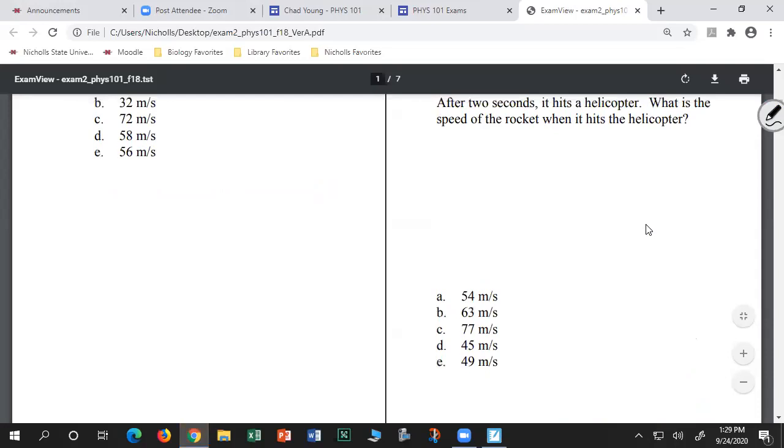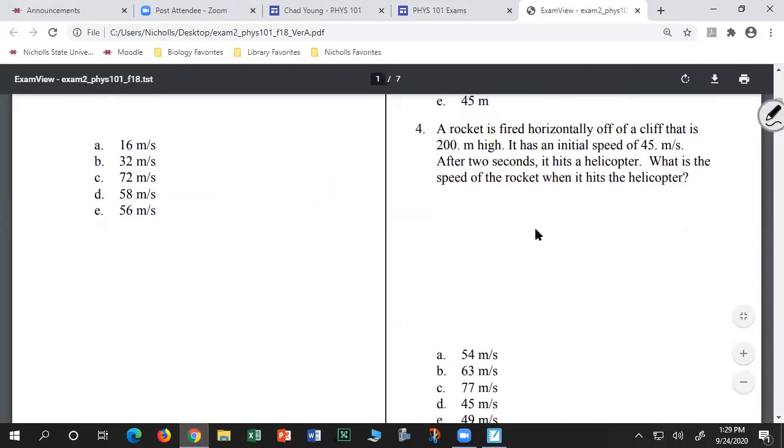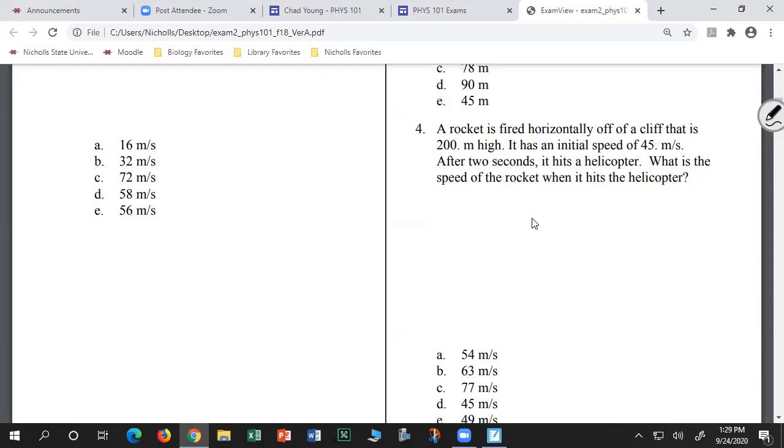All right, you'll have a problem like number 4. I think it's actually pretty similar to this, where you have to find the velocity in the x and y directions. Here, Vx is equal to 45 meters per second. That's just given in the problem. I know it's Vx because it's horizontal.